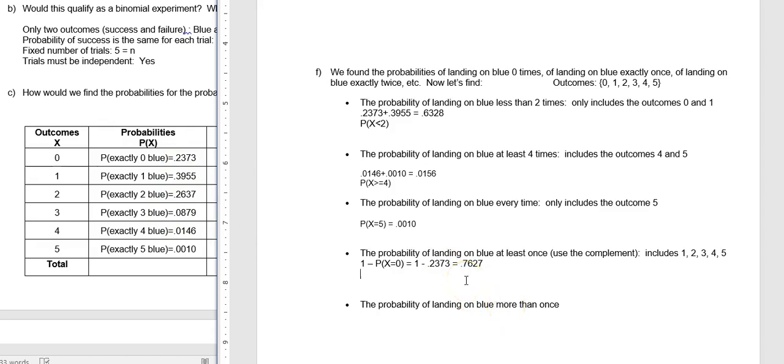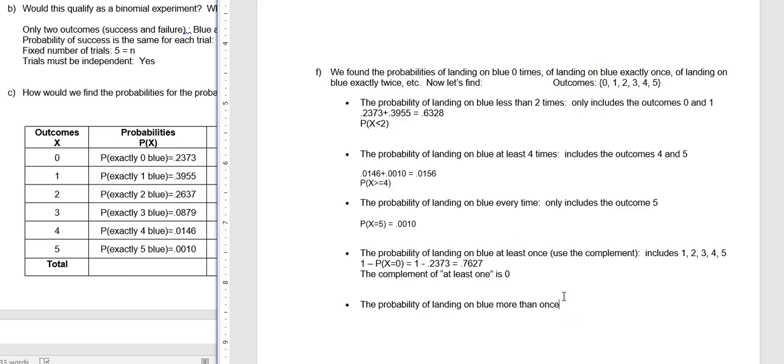This is a hard thing to remember, but it's important that the complement of at least 1 is 0. When you're dealing with the binomial probabilities, your outcomes always start at 0 and they go up to whatever your n is, to your number of trials. Anytime you're trying to find the probability of at least 1, it's easier to find the probability of exactly 0 and just subtract that from 1.